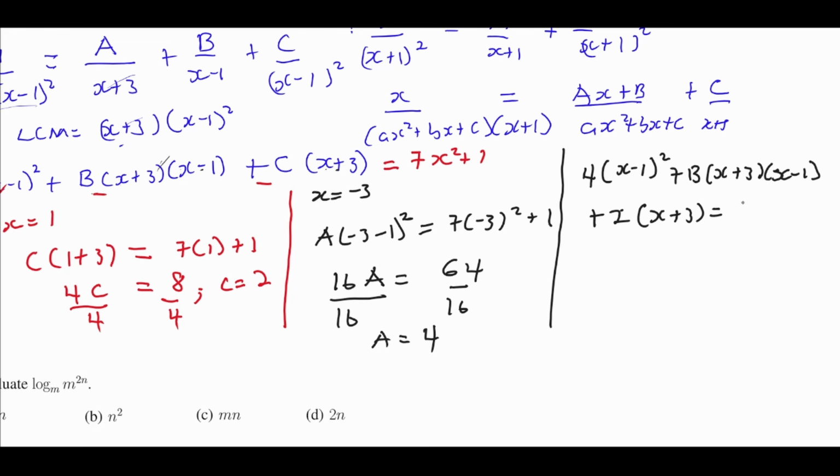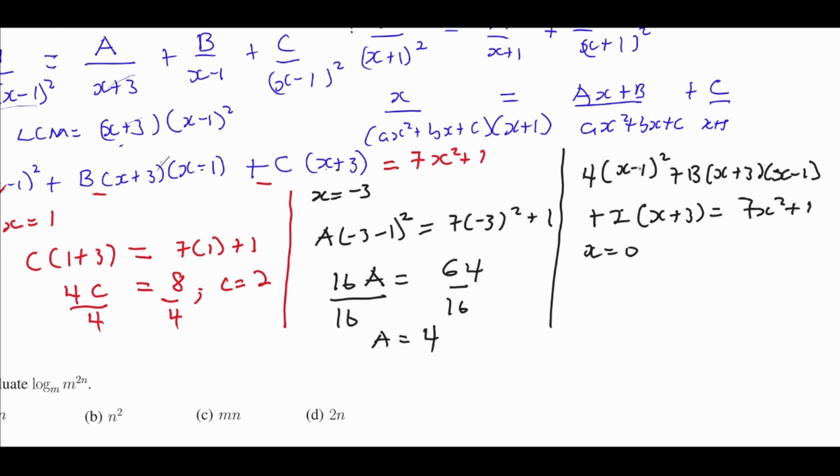So that should give me 7x squared plus 1. In that case, what I'll do right now is let x be equal to 0. So if x is equal to 0, what happens?